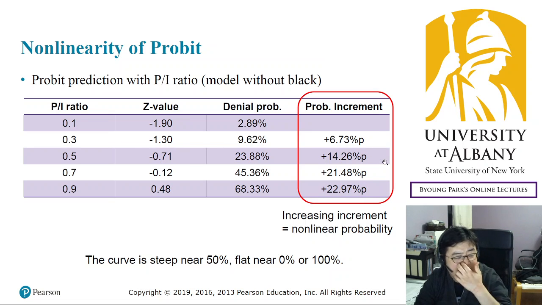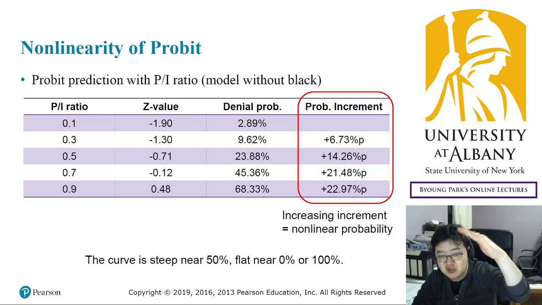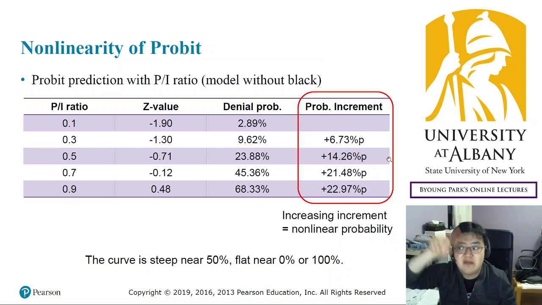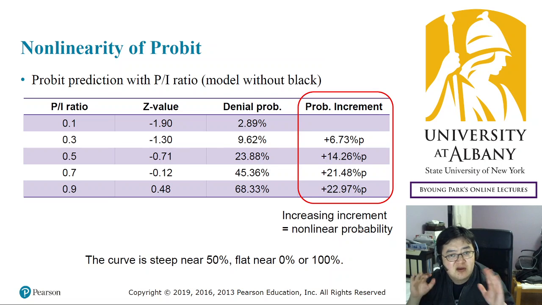So as you see, the probability increment was small and then it goes up. It is because the probability function looks like this. The probability function is not linear. It arises because the probability curve is nonlinear.